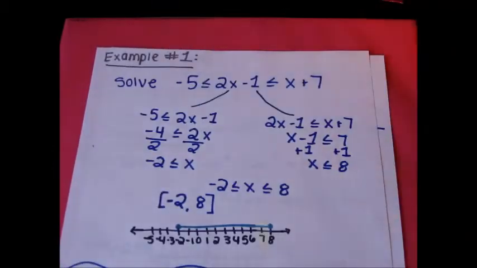Now we're going to take a look at example number 1. It would be to solve negative 5 is less than or equal to 2x minus 1 less than or equal to x plus 7. For this one, we're going to break it up into 2 different inequalities since it's a compound inequality.